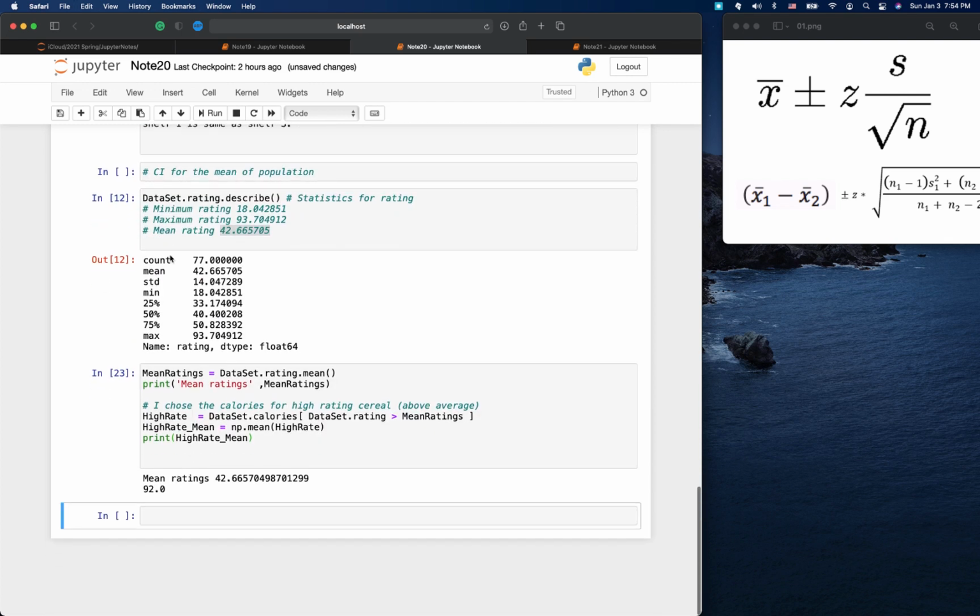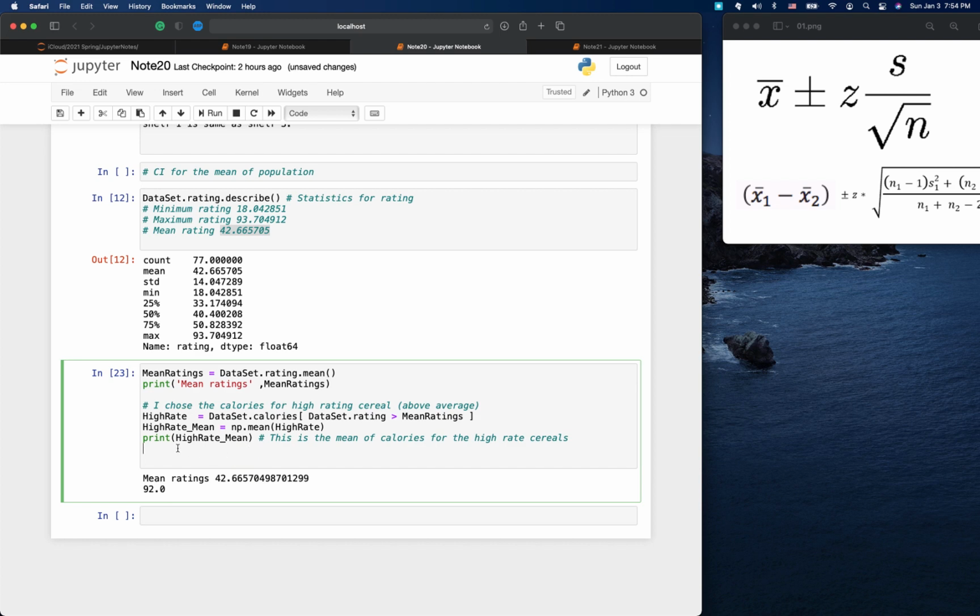The mean is 92 calories. This is the mean of calories for the high rate cereals.